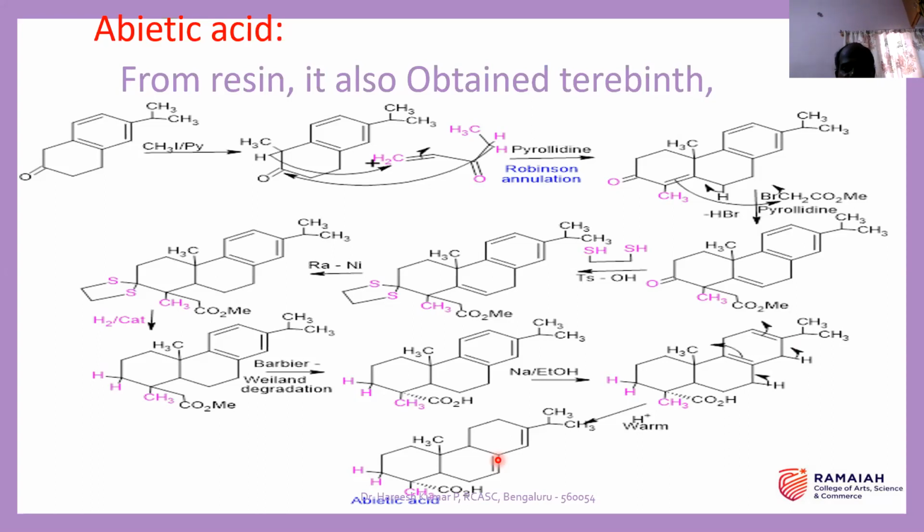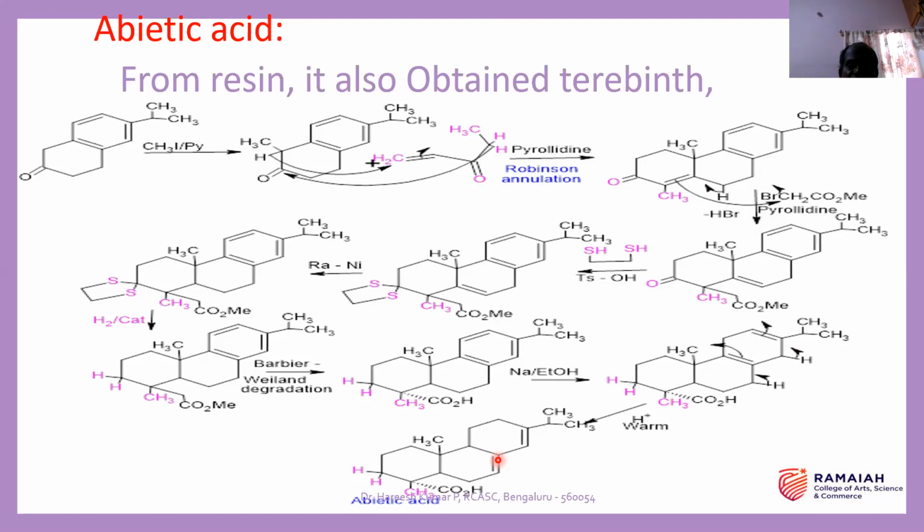So what all did we discuss up to this? We discussed the synthesis of linalool, synthesis of alpha terpineol, synthesis of phenone, synthesis of beta eudesmol, and synthesis of abietic acid. So there are five syntheses, no? So this is about the synthesis of monoterpenoids.